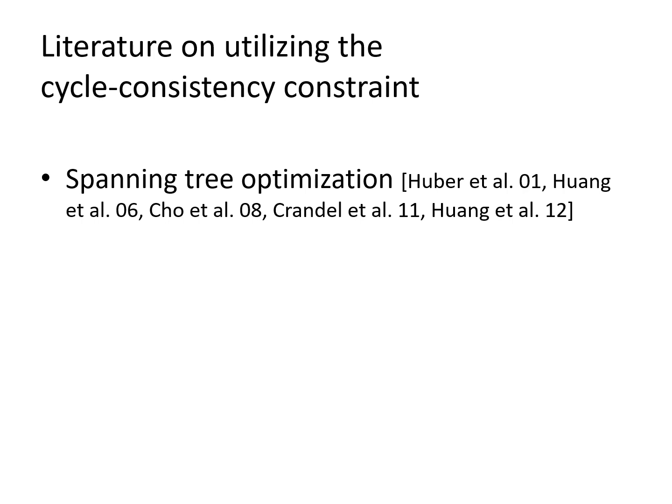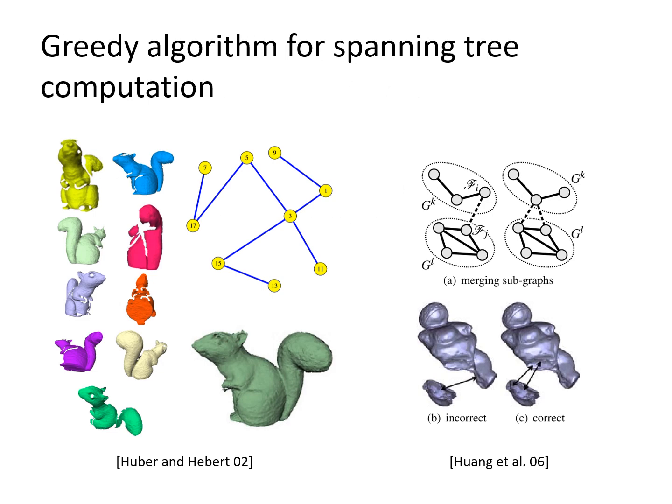The first category is about spanning tree optimization. The idea here is to optimize the spanning tree so that it induces the consistent maps. A consistent map can be induced from a spanning tree, and we want to optimize the spanning tree to maximize some global score.